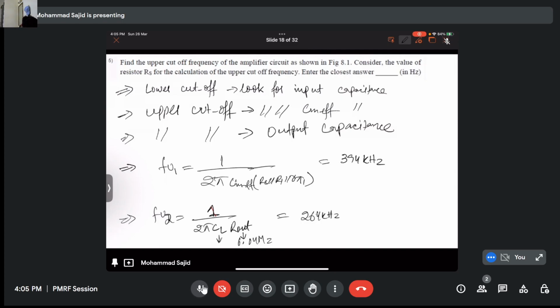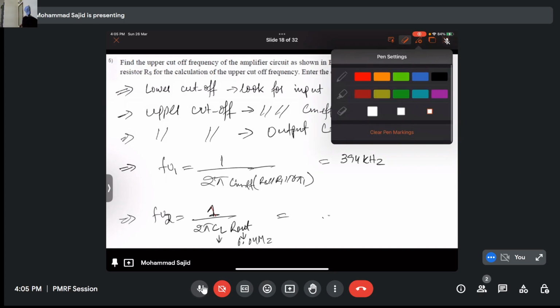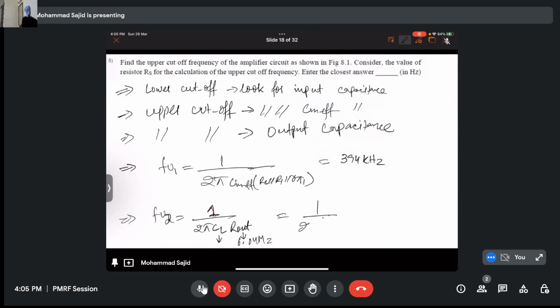Let me just cross check the value. This will be 1 by 2 pi into CL, which is 100 pico, and this is your 6.04 into 10 raised to the power 6. So this will be 10 raised to the power minus 6, minus 4.